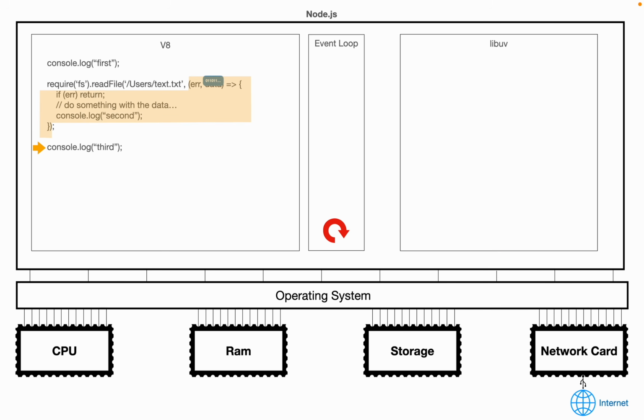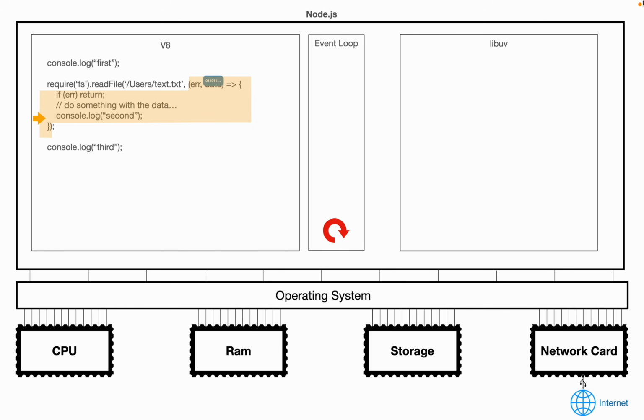Now the event loop is completely done, and V8 is going to execute that callback like this. And when it's done, we're no longer going to have anything in V8, and we also no longer have anything in the event loop, so the Node.js process is going to exit.